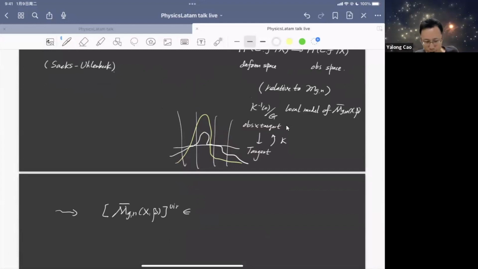A priori this lives in homology, but using the cone construction in algebraic geometry, it can live in the Chow group of this moduli stack. If you are not happy with the Chow group, you can just pretend this is a homology class.